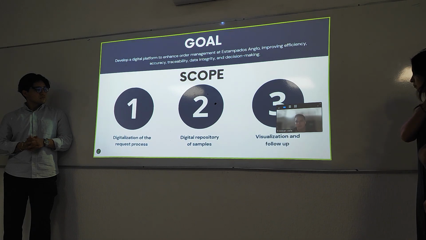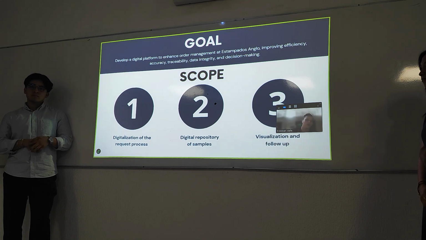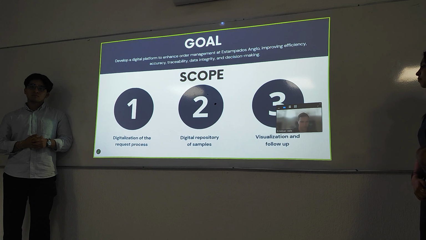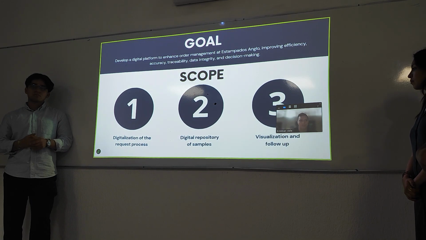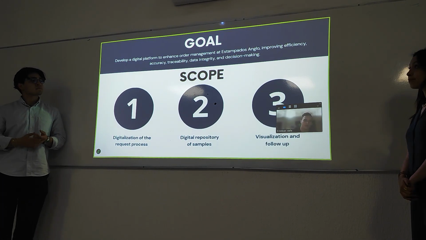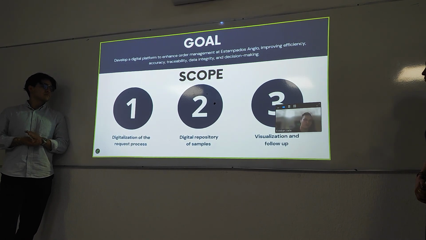Secondly, digitalize the repository of the samples, making a database that allows you to research and have better tracking of the orders in an Excel sheet, and at the end have a visualization of these orders so we can have improvements by having the full picture of the orders, and we can make more informed decisions.